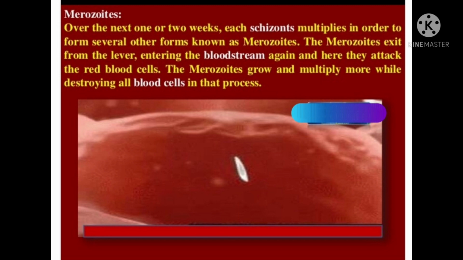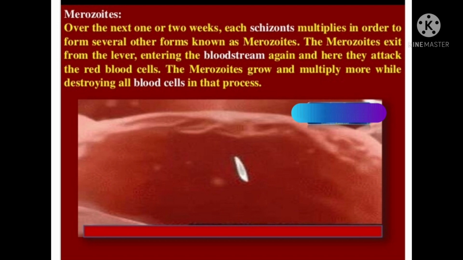The merozoites exit from the liver, entering the bloodstream again, and here they attack the RBC, or the red blood cells.